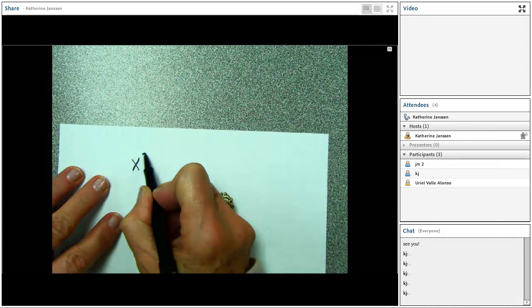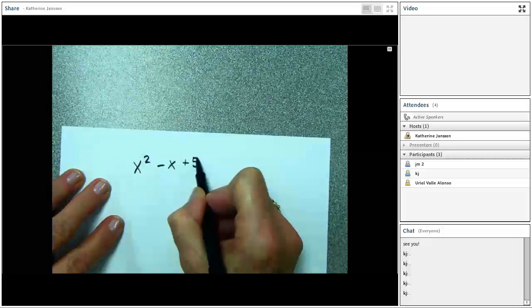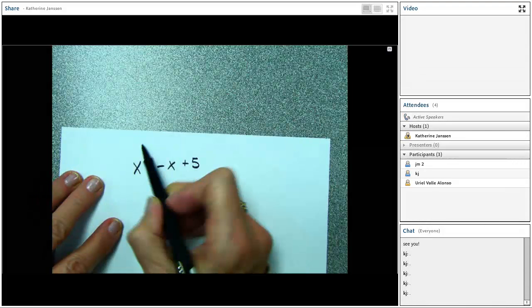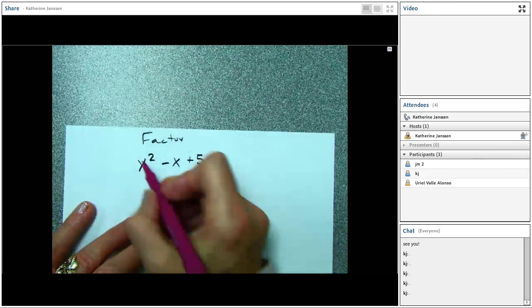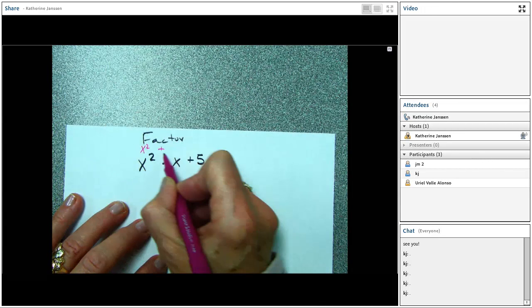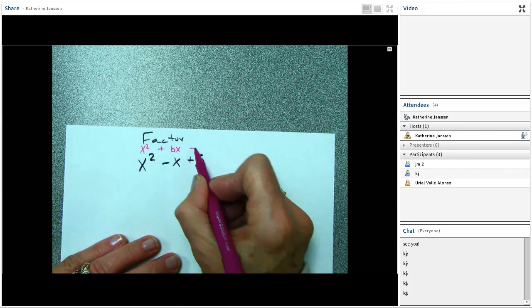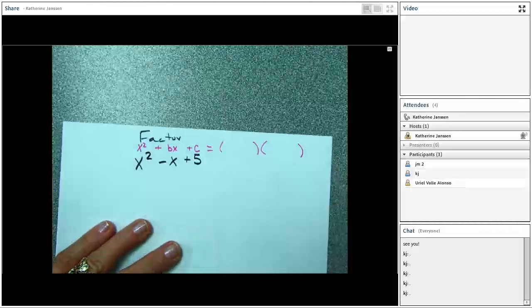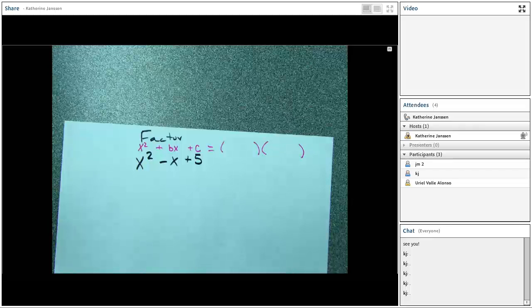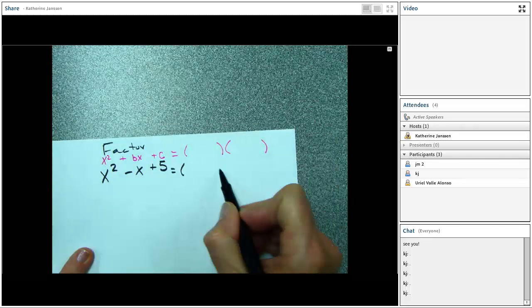Then we have x squared minus x plus 5. And we're supposed to factor. Well, it's x squared, so sure enough, x squared plus something times x plus our constant. That's our form pattern that we're studying today. And we expect we can factor that as a product of two binomials.